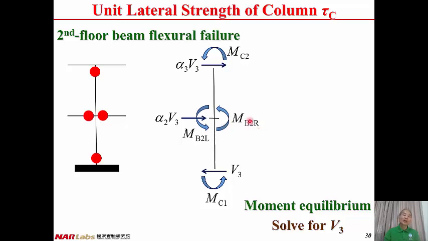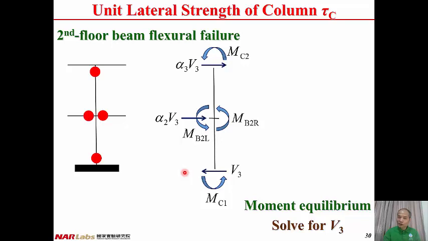and M is the moment strength of the flexural strength, and MC1 is the flexural strength of the column on the first floor, and MC2 is the flexural strength of the column on the second floor. And alpha 2 and alpha 3 are the coefficients according to the vertical distribution of the seismic force, and V3 here is the seismic force.